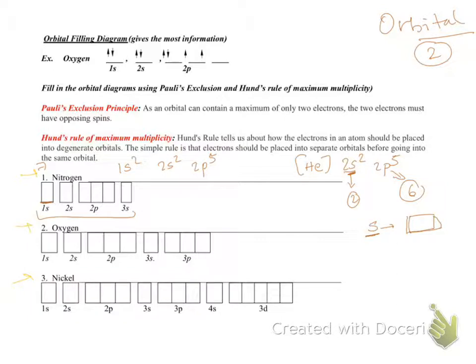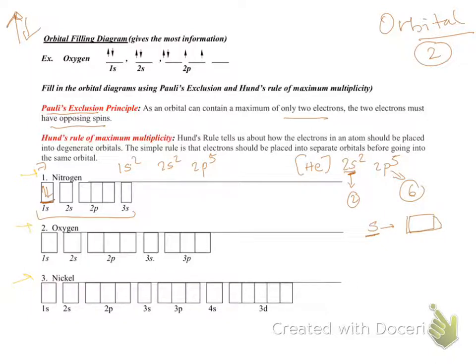So here is my 1s orbital and I can put 2 electrons. I'm showing electrons with arrows, and electrons behave like a magnet. When they have spin, you put one upwards, one downwards to avoid repulsion. This is known as Pauli's exclusion principle: when filling 2 electrons in the same orbital, they must have opposite spin.